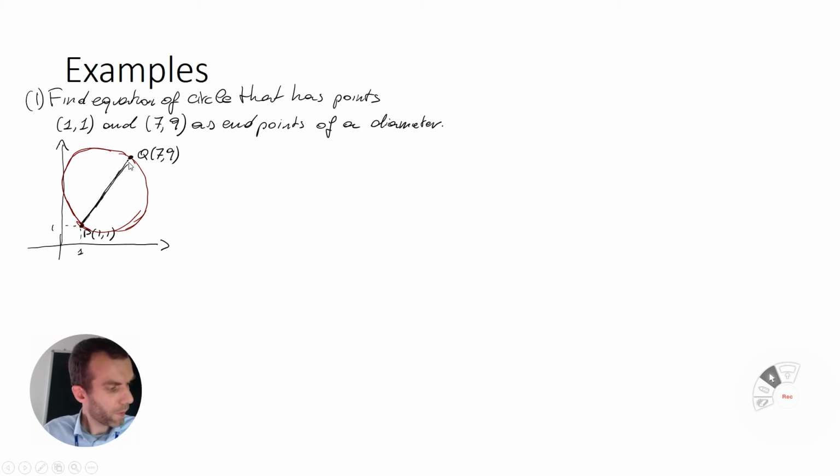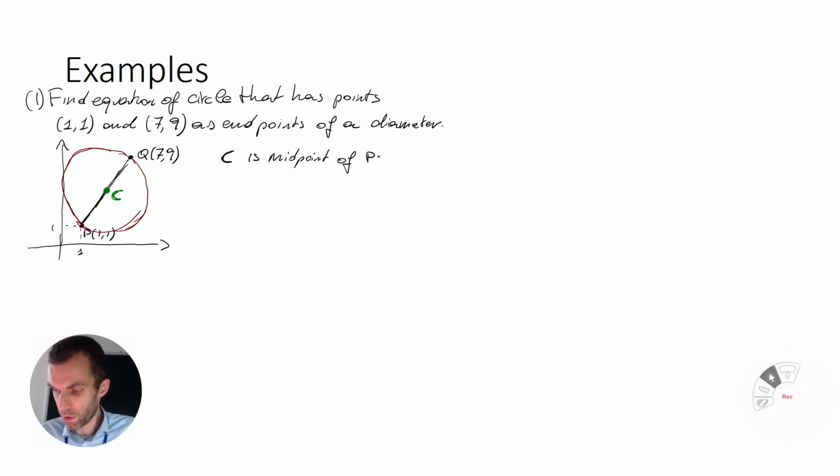Well, the center of the circle is going to be the midpoint of this line. So let's call this C. C is the midpoint of the line segment PQ. And this is great because we have a formula for the coordinates of the midpoint.